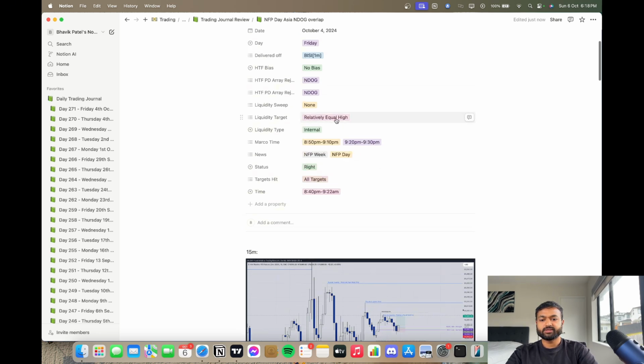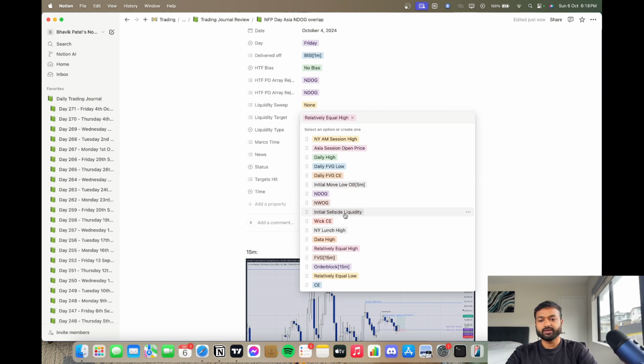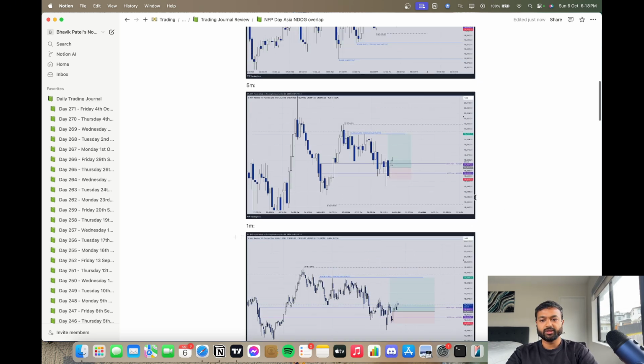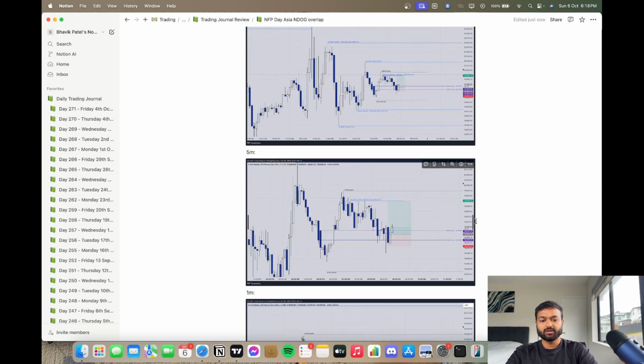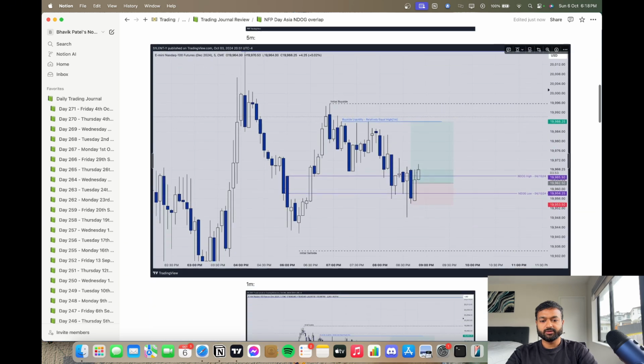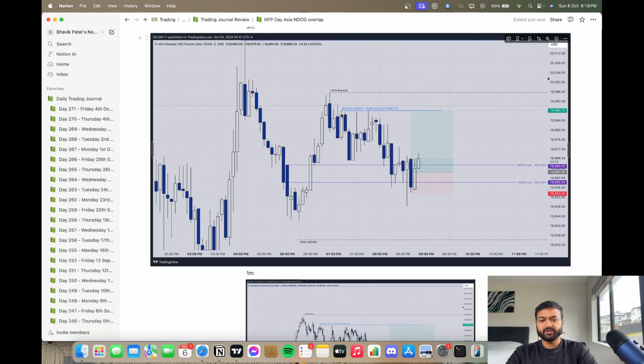And then target, so I have a few targets. One of my targets will be relatively equal highs, which you can see in this trade here. So relatively equal highs are basically when a candle makes 1, 2, 3, so at least 2 different periods in time where it traded to the same level.